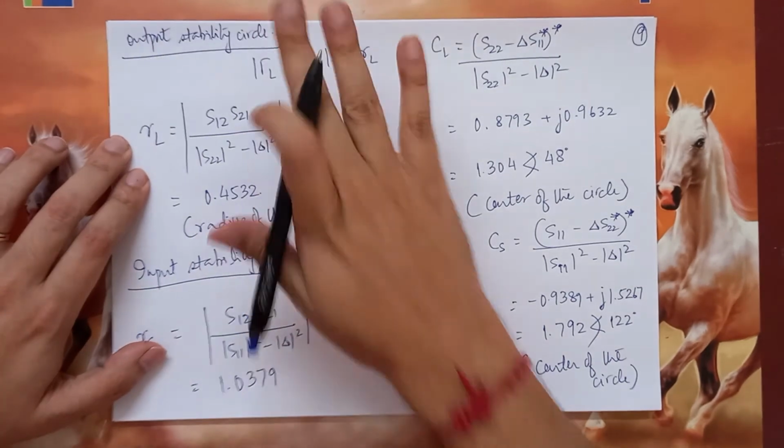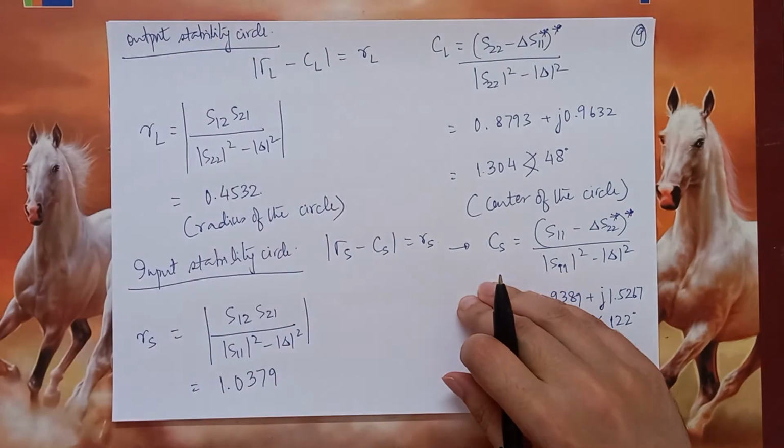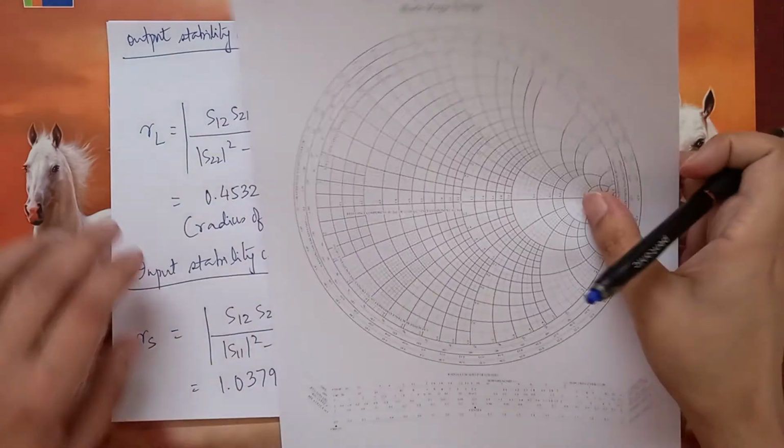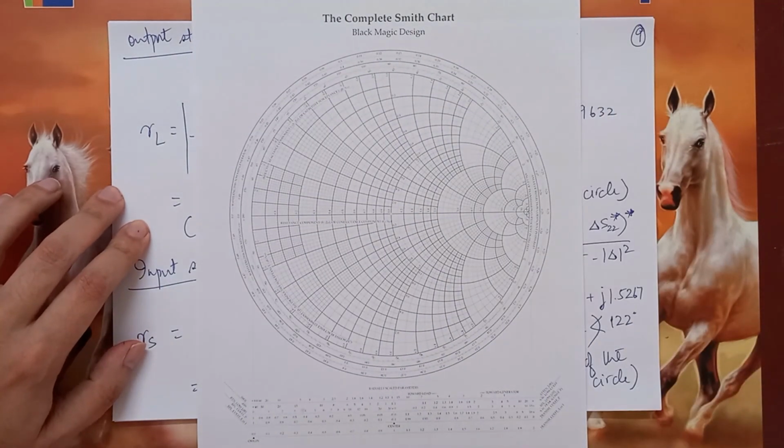So therefore, let us look at the output stability circle, which would look something realistic, which we will do on a Smith chart.